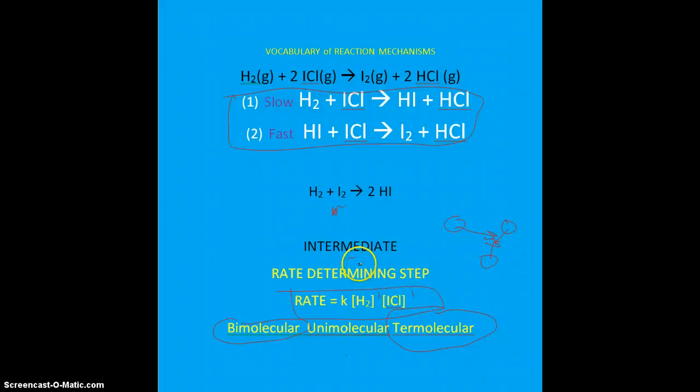And that rate determining step can be used to write the rate law, not only for the rate determining step, but also for the entire reaction. And typically speaking, we are going to limit ourselves to only mechanistic steps that include bimolecular or unimolecular collisions.